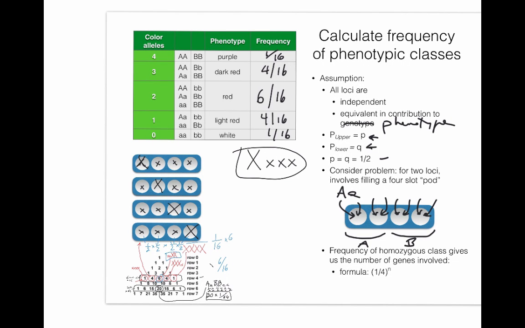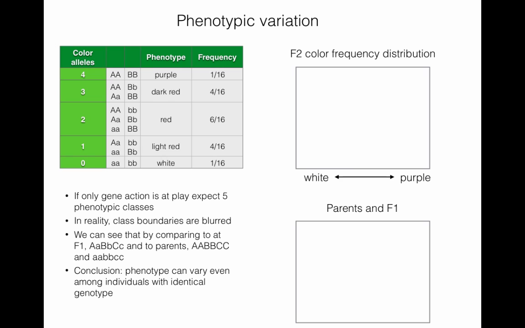Now let's go on and ask ourselves what type of phenotypic variation we would expect. So if I look at the population here in the F2, what do I actually expect? Something like red color is not going to be perfectly red. It doesn't have one exact specific color, but there are other factors that affect it, mostly environmental factors.